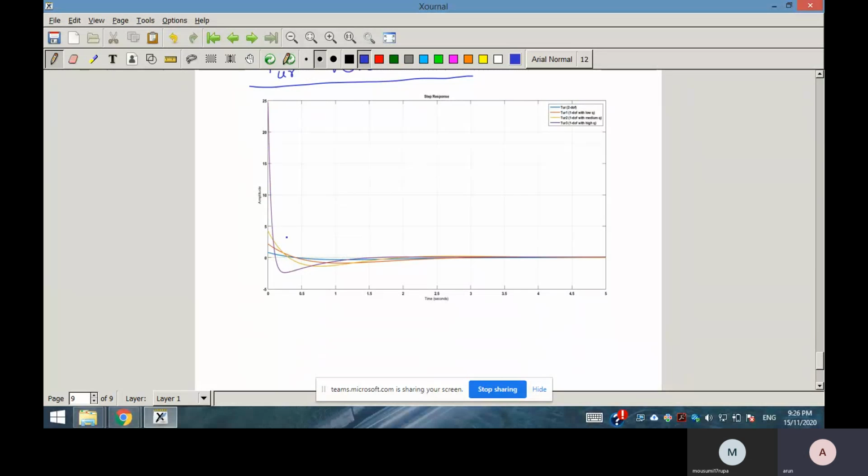And clearly, for small value of Q, you can see the peak is more in case of 1 degree of freedom control. And if you increase the Q, then what will happen?